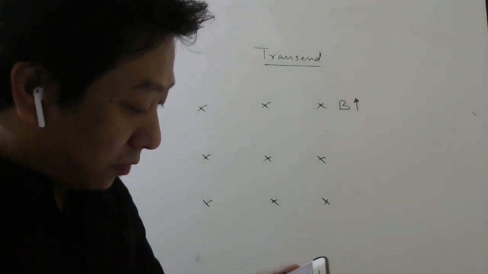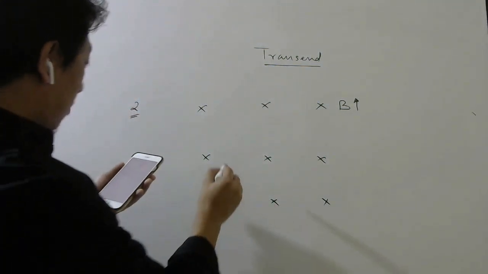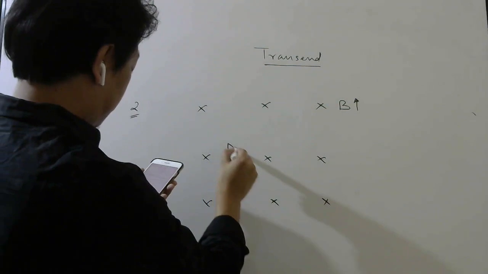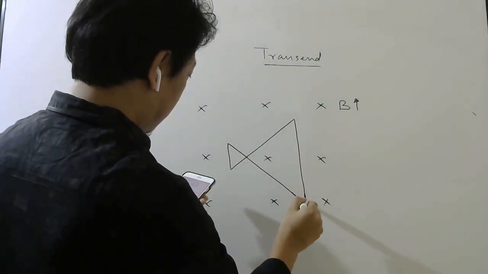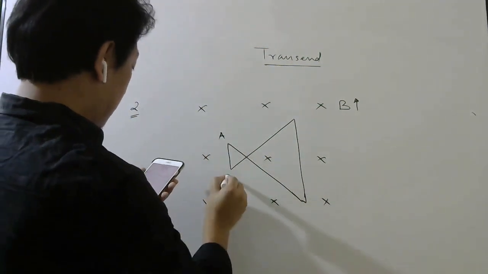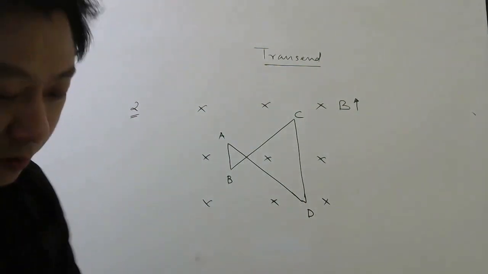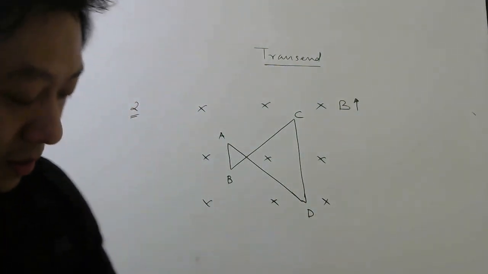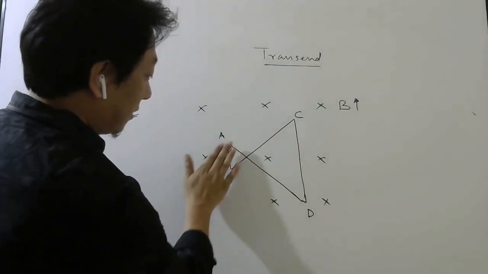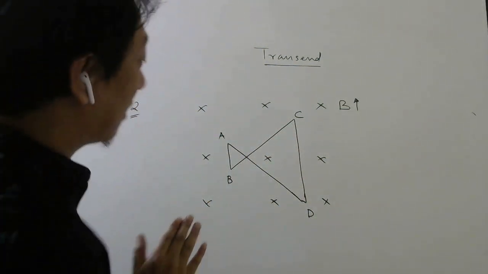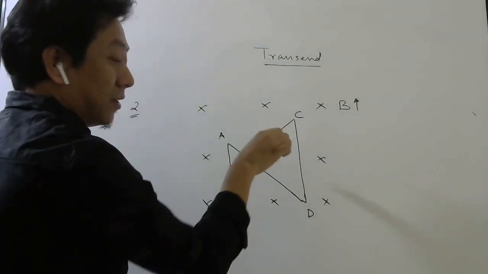Find the direction of the induced current in the wires AB and CD. So the wire is given like this. This is AB, this is CD. So which way? Okay, now look here. For this area and this area, let us try to see separately what is happening. For this area, the magnetic field is increasing.